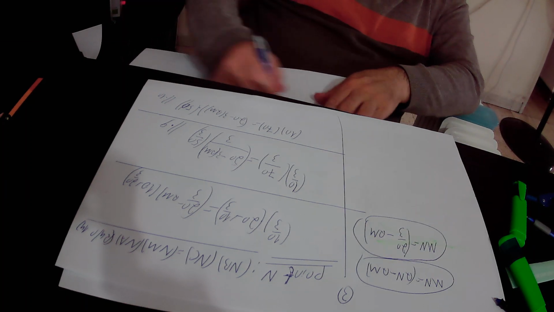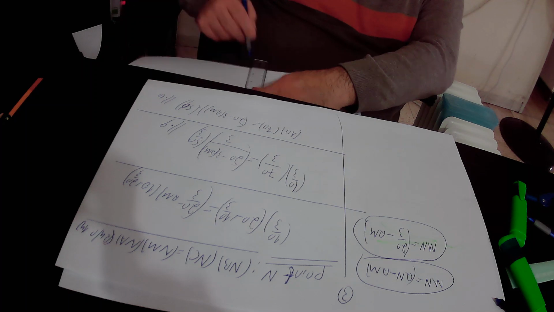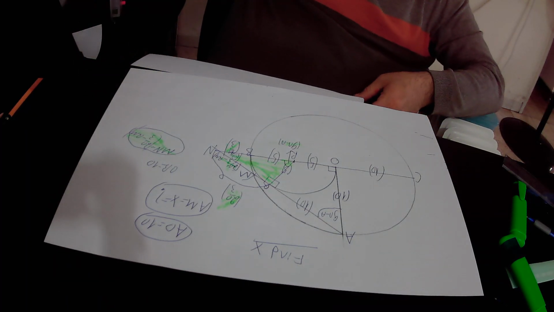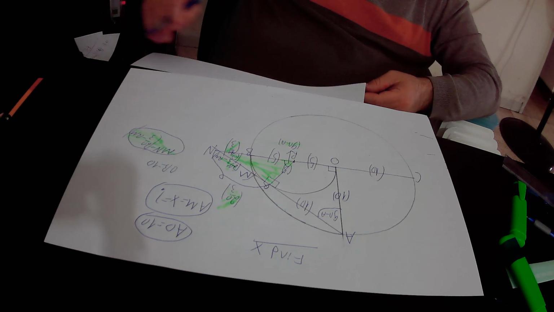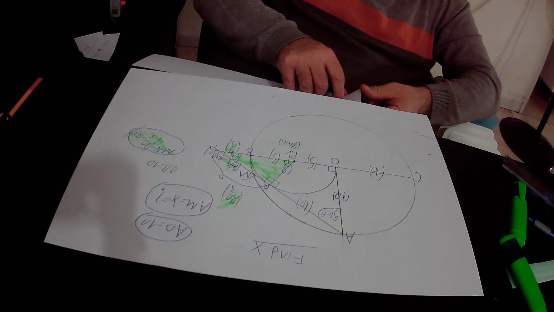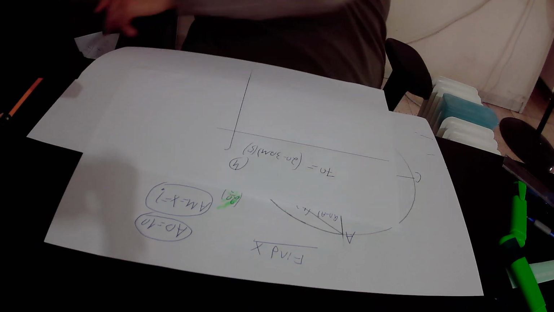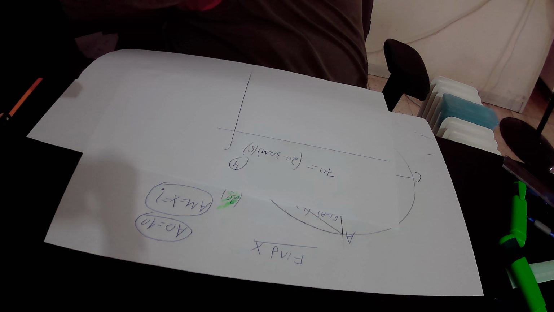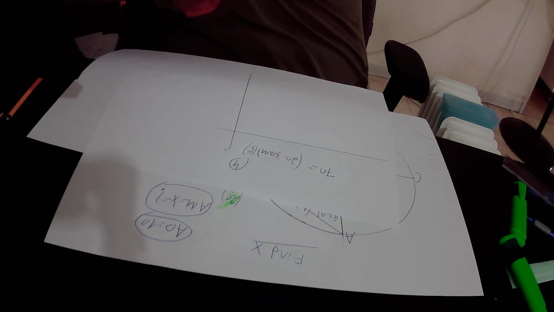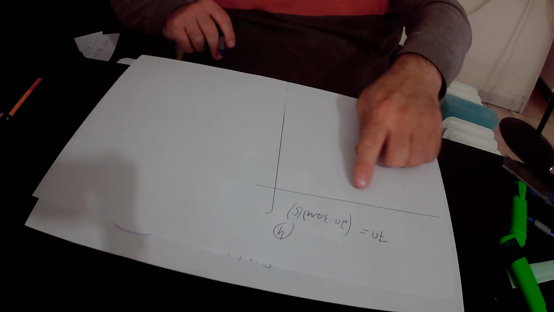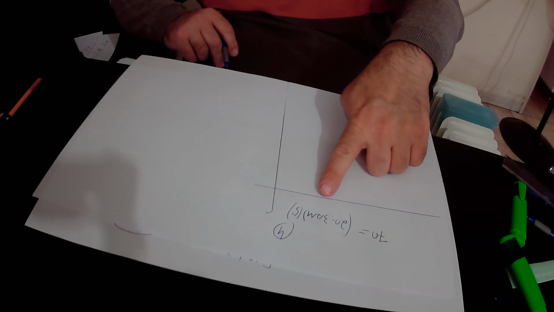So we found out that 70 equals 20 minus 3 QM times 5.